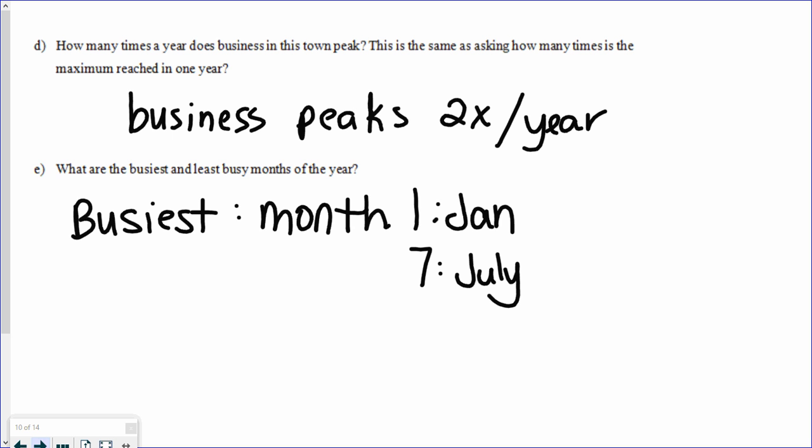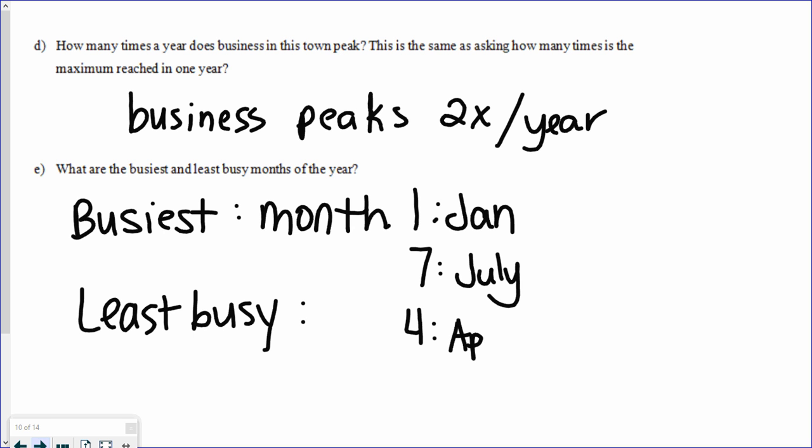And the slowest month, or least busy, would be when they have the least number of employees. So month 4 would be April, and we already figured out the other one would be month 10, which is October.